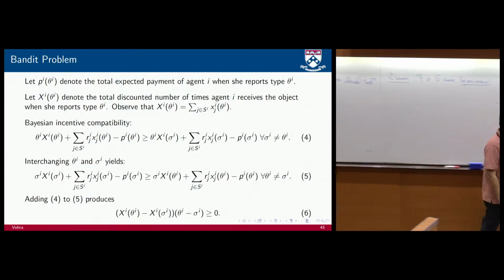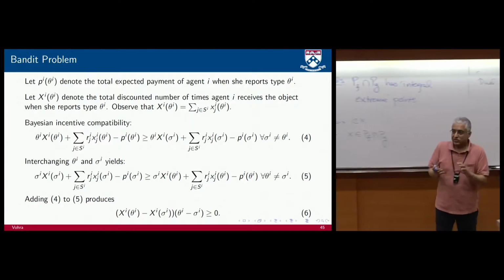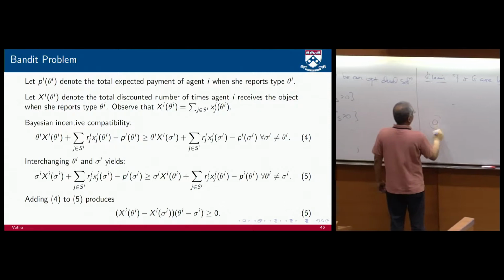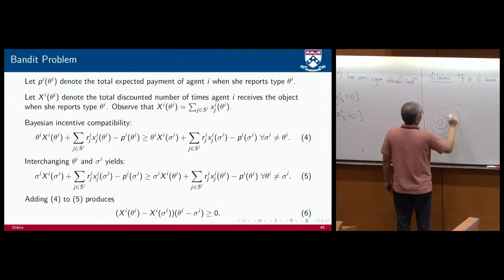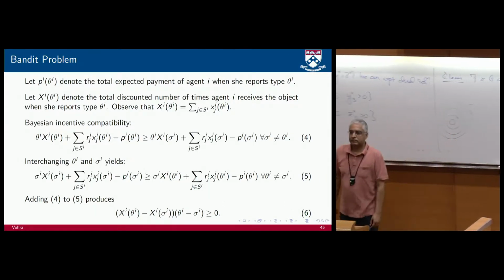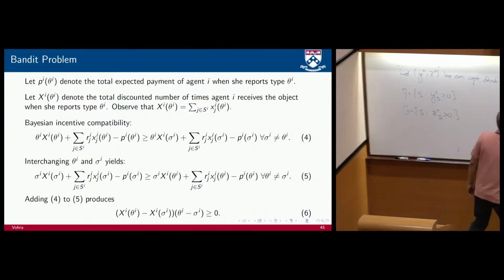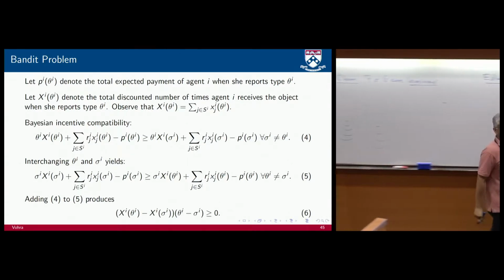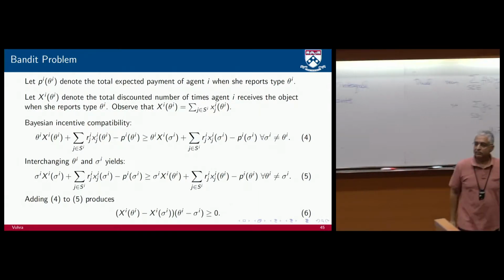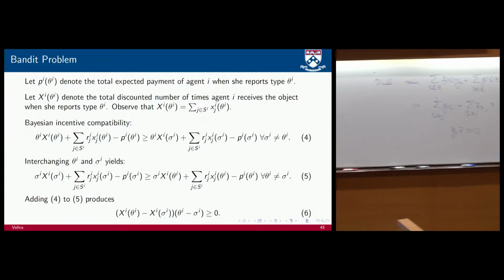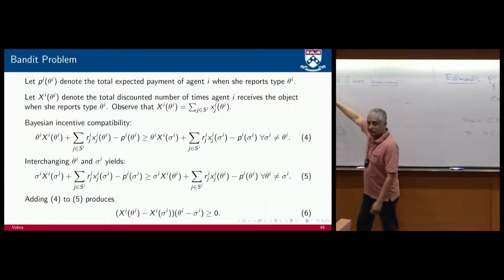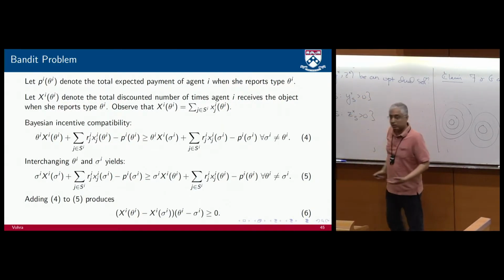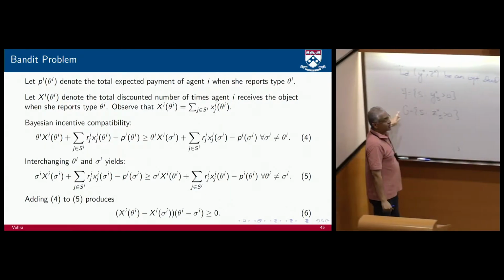So here's a new word. A family of sets is laminar if they look like this: nested, or a collection of disjoint nested sets. I claim that I can choose my optimal dual solution so that this set and this set are laminar.